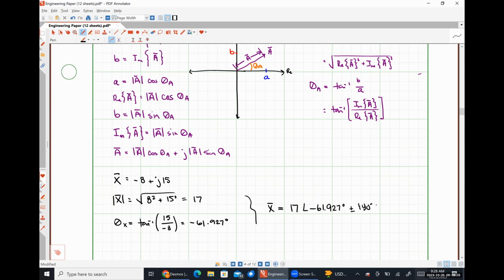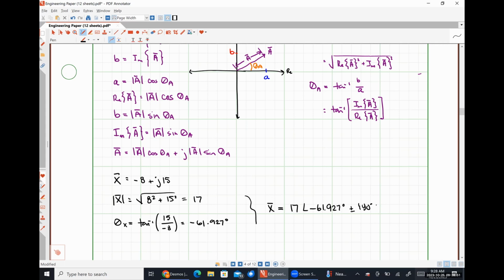Our calculators can do this conversion for us and get it right 100% of the time. So instead of suffering through things and having to think about what quadrant our number lies in, let's get familiar with how to use our calculators correctly to do this math.